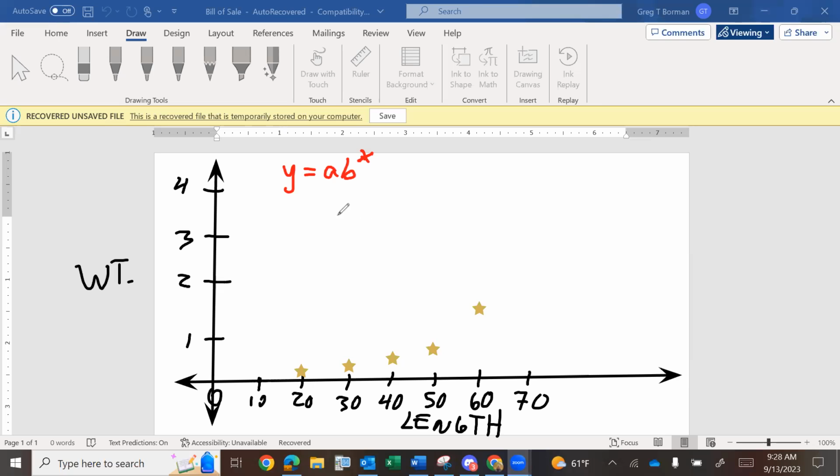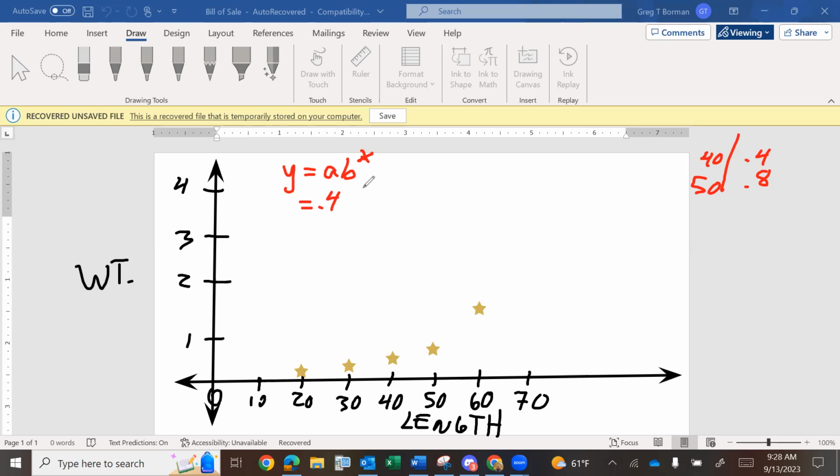So what the A means, the A is your starting value. We're going from 40 centimeters up to 50 centimeters, so our starting value is going to correspond to this first point, our starting y value, 0.4. So that's what A stands for.